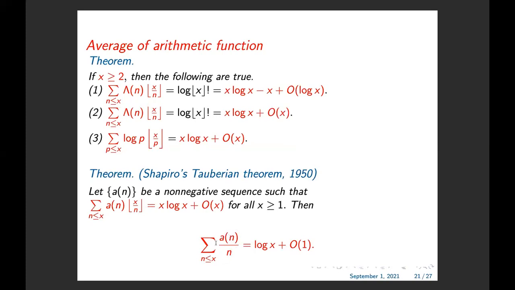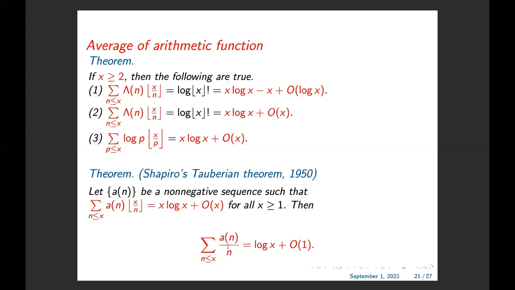That means we can delete x from here, from here, from here. If we have a non-negative sequence of numbers with this identity, then we can delete x from here, from here, from here. That's roughly what this is saying.